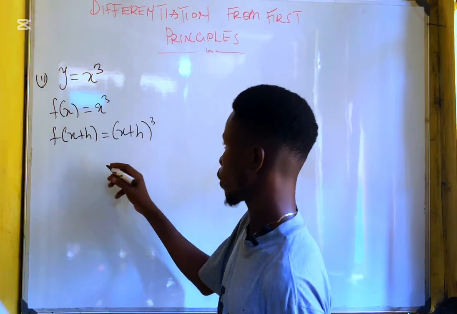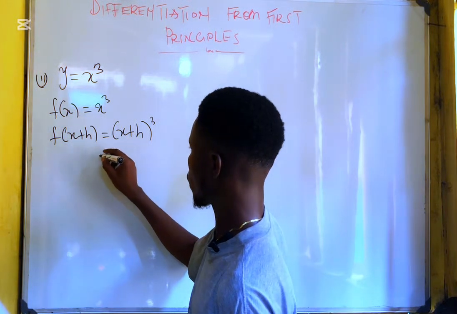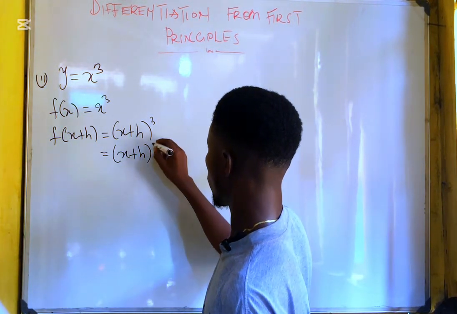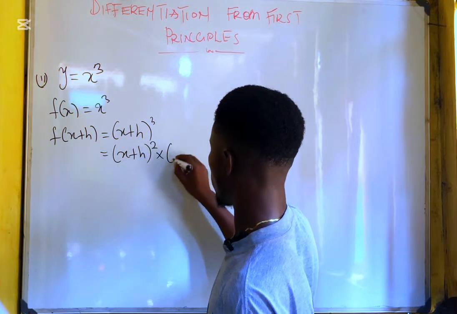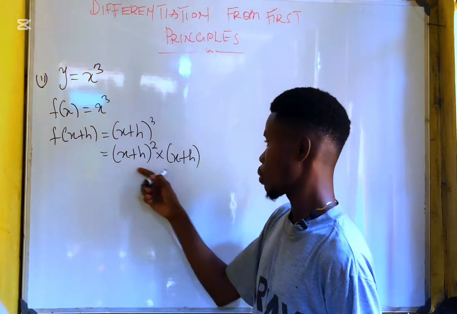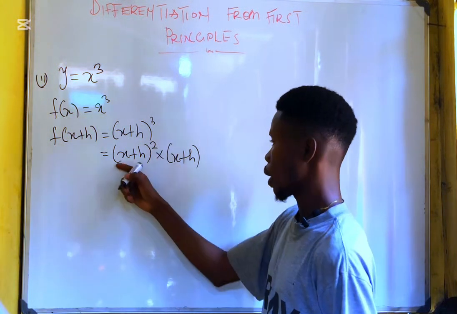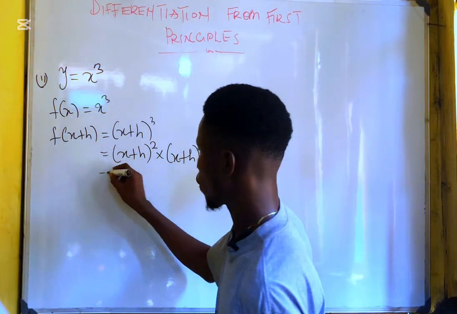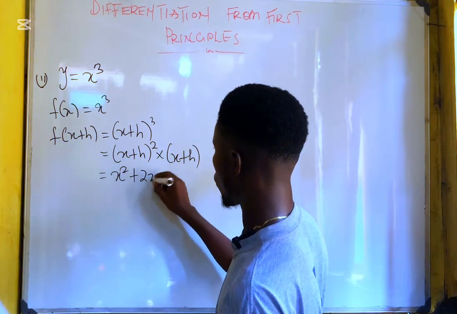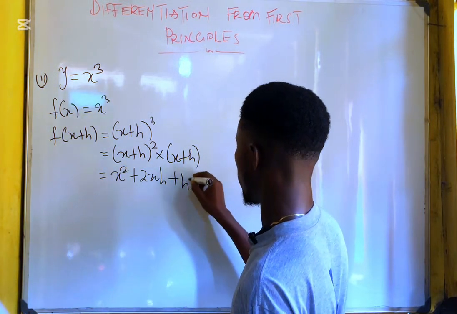So let's expand this one. If I'm to expand this, I'm going to have x plus h squared times x plus h. Is that okay? Now you know how to expand this. For the expansion of this, we have x squared plus 2xh plus h squared.